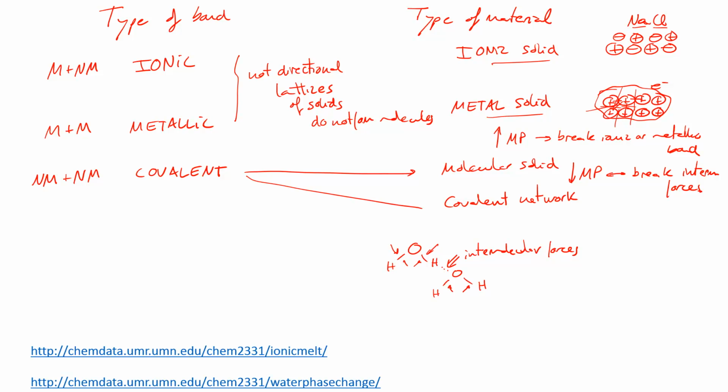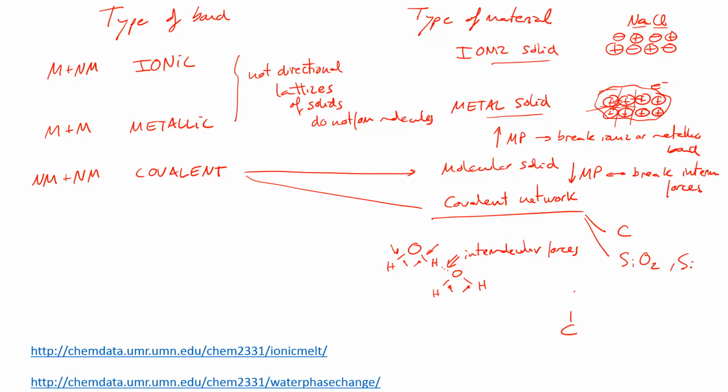There is one exception when you see covalent bonds, and this is when you have a covalent network. That covalent network is present only when you have carbon, either diamond or graphite, or you have silicon, silicon oxide. In this case, you still have covalent bonds, but you do not have molecules because carbon and silicon can form up to four bonds.